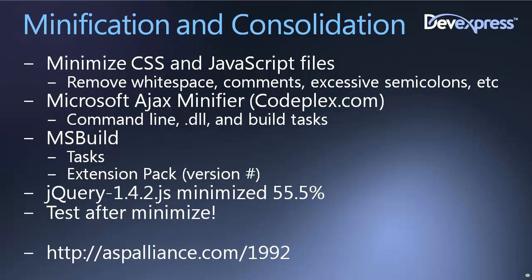Now they're starting to do the sprite work, and they have the Ajax minifier tools. So I think they have all the pieces that they would be able to do that, but I have not seen them actually go through the work of saying, here, click all these things. I want compression, I want everything minimized, I want everything combined, and the ASP.NET framework taking care of that for you, I have never seen.